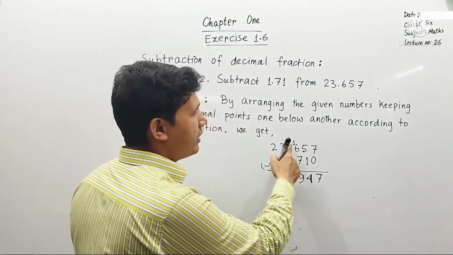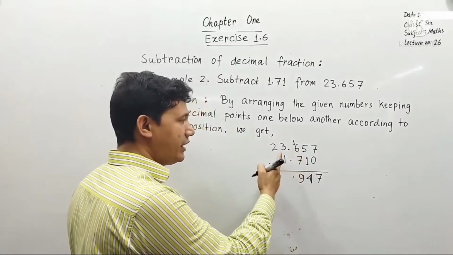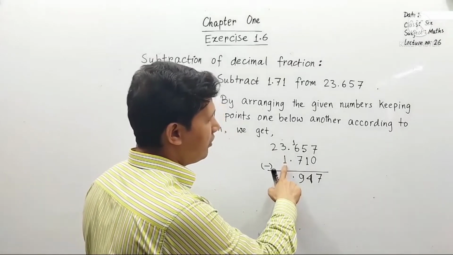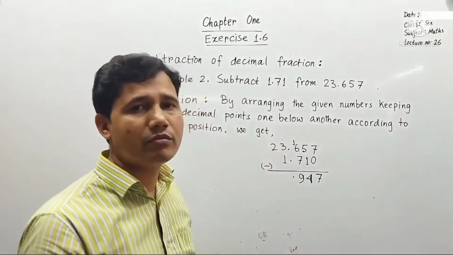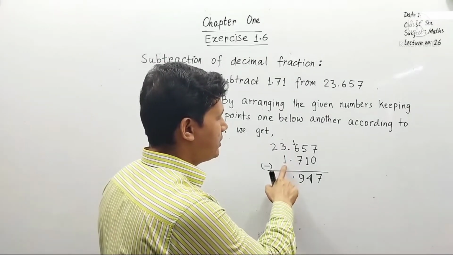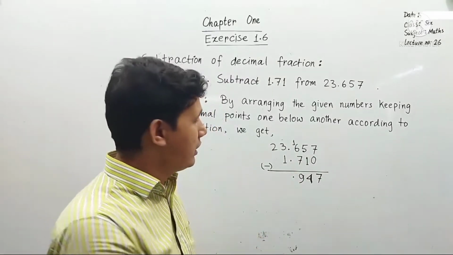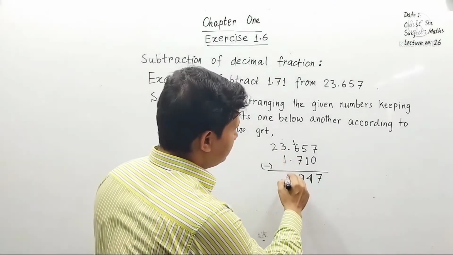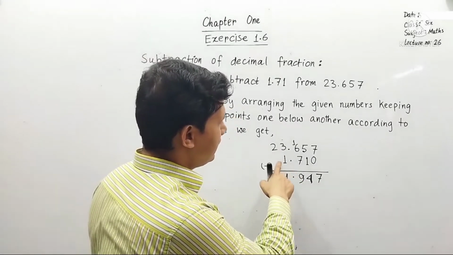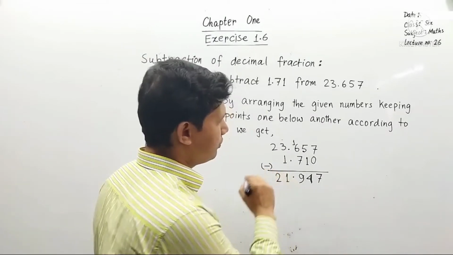Then you have taken 1 from the tens here. Again, this one you will bring to the left side. You can add it with this 1, or you can subtract it from this 3 in the upper number. Okay? If you add it with this one, it will be 1 plus 1, 2. 3 minus 2, left is 1, and here 2 minus 0, 2.